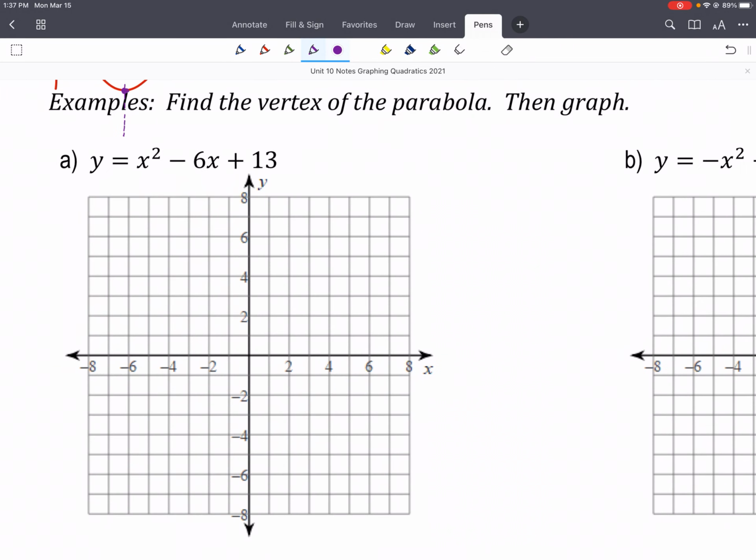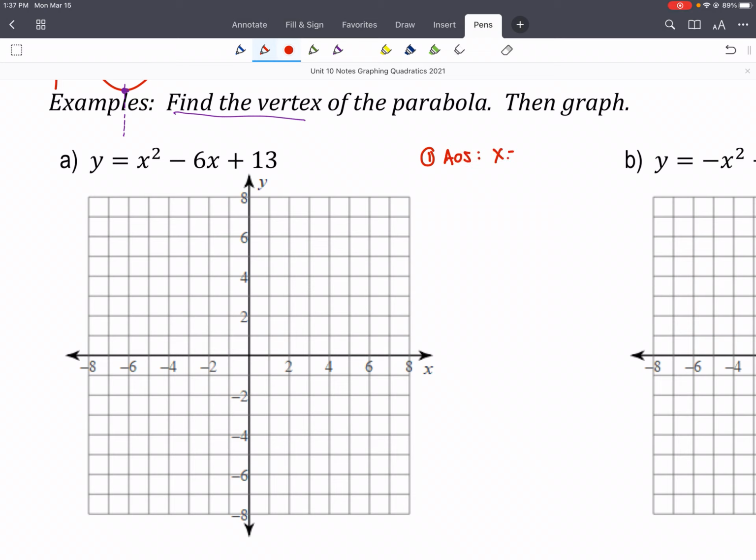Okay, so here we have an equation, and we need to find our vertex. Again, that's the first thing we always need to find, is the vertex. Because if we can find the vertex, then we can use our growth pattern and we can get a lot more points really easy. So to do that, the first step is we need to find the axis of symmetry.